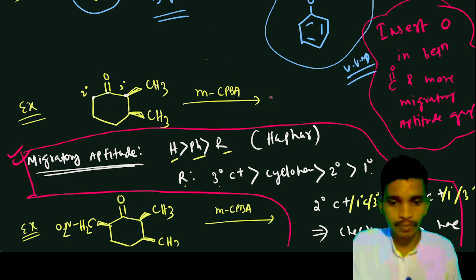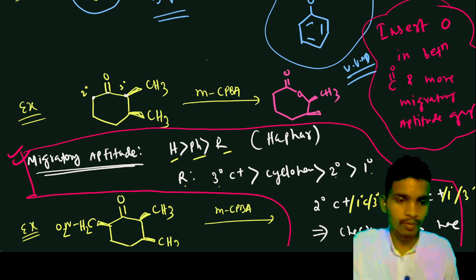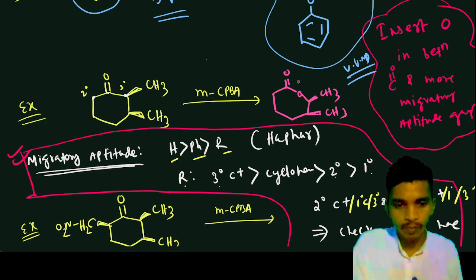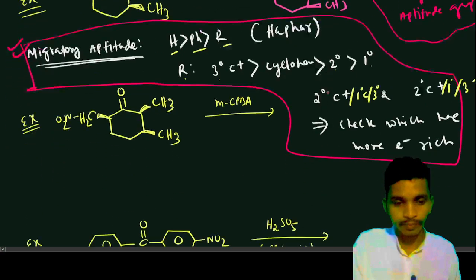So the answer will be here, we will get O. It means that O will be inserted between the CO and the more migratory aptitude group.